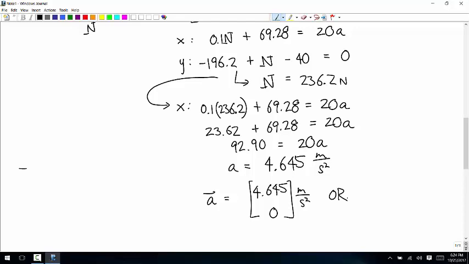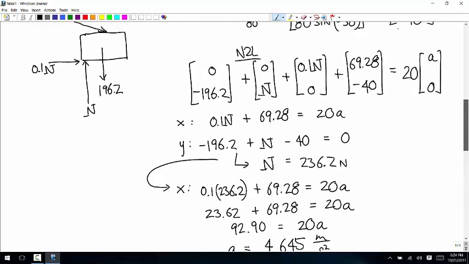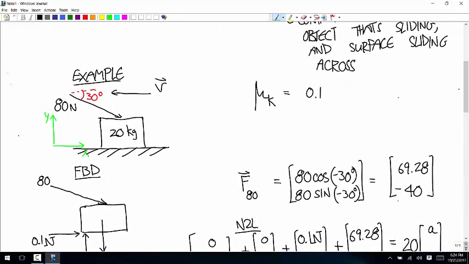Left or right? Right. So the other way to think of it is a vector with a magnitude of 4.645. The acceleration is to the right. The velocity is to the left. So is that box speeding up or slowing down? Slowing down, because they have opposite directions.